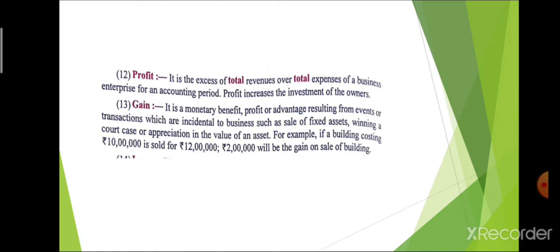So, the difference between the cost price and the sale price of land is considered as gain. So, the important point is that if we are dealing in regular nature goods, that is considered as income. But if we are dealing in irregular basis goods, that is considered as gain.